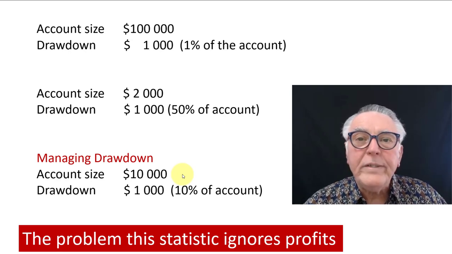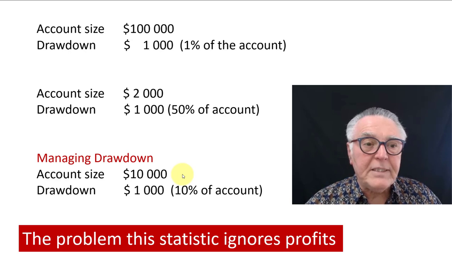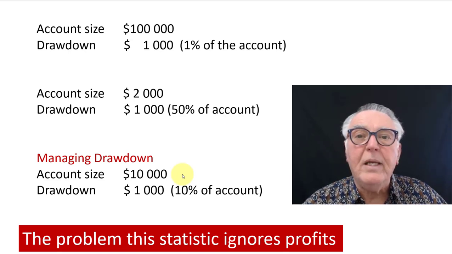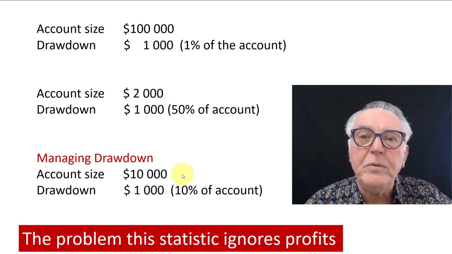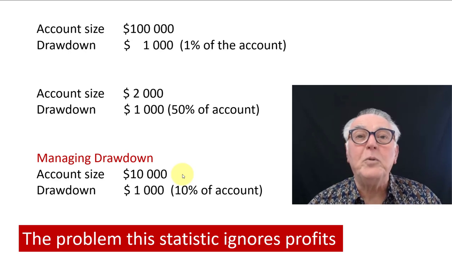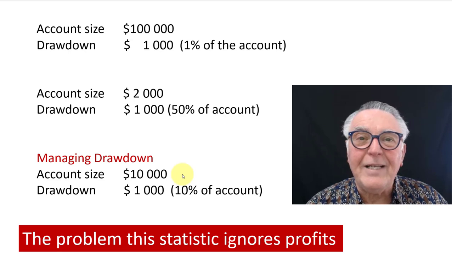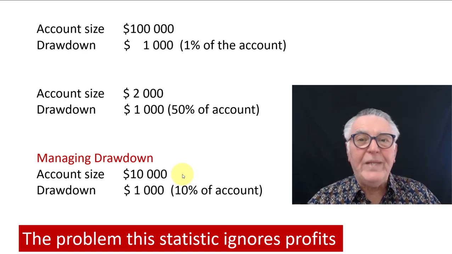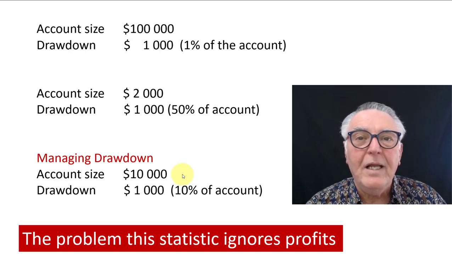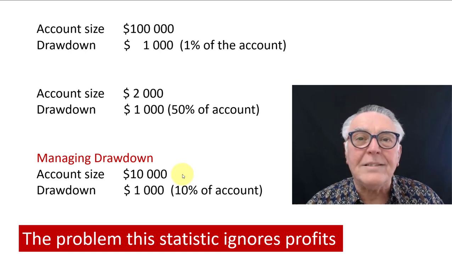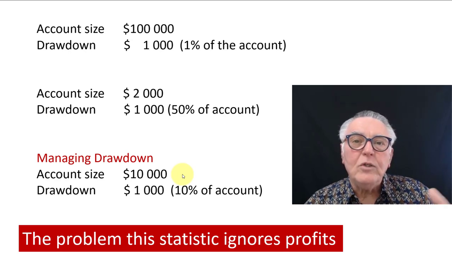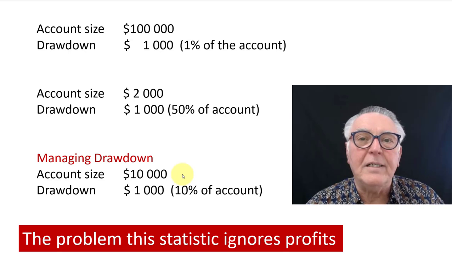For people that look at strategies and say, oh, the drawdown is too big, that's all you have to do. Just increase your account size and your drawdown percentage will come down and you'll sleep a lot better in the evening. But the problem with all of these calculations in particular is they ignore your gains. They only relate drawdown to the account size.